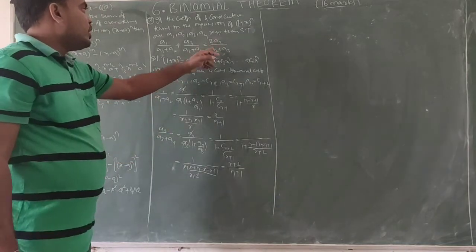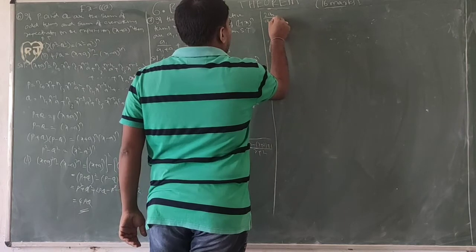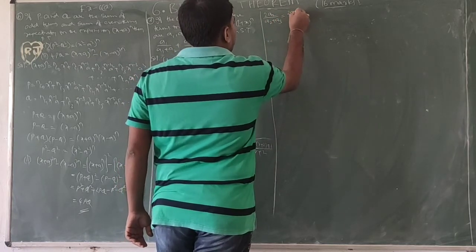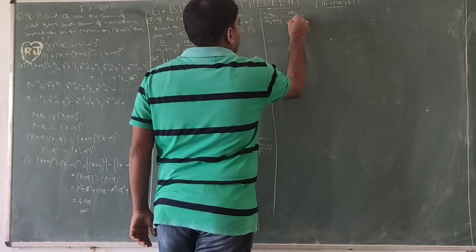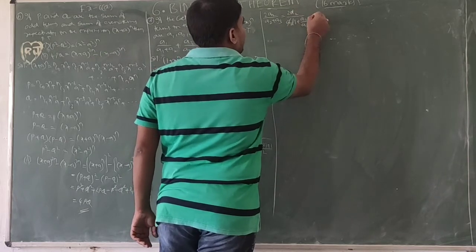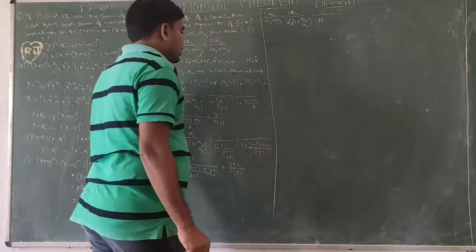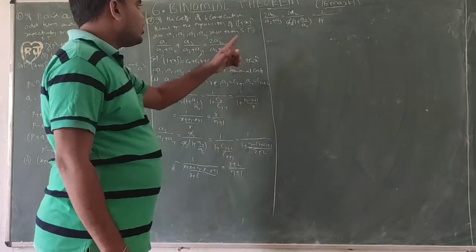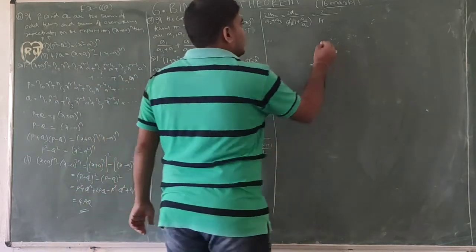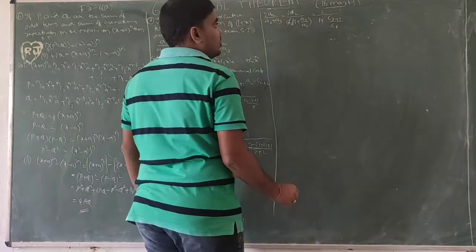Now next, 2a2 by a2 plus a3. So 2a2 by a2 common 1 plus a3 by a2. A2 cancel. 2 by 1 plus a3 by a2, equal to cr plus 1 by cr.